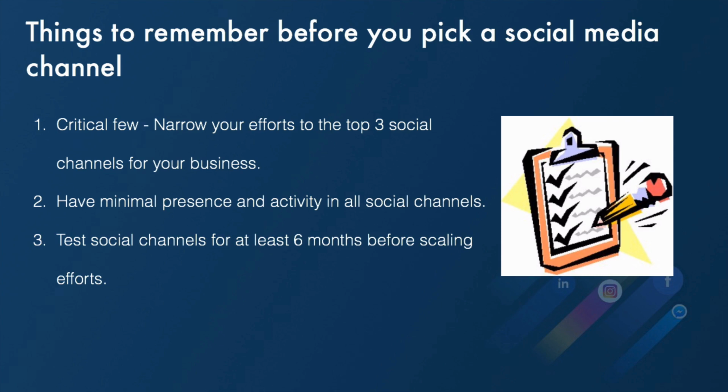Should we continue with this channel or should we drop it? Is there any other channel which we have to pick up, or should we just stick to 2 channels because they are giving much better results than the third one? You should be asking all these questions, and once you do the work for 6 months you will get a good understanding of what works and what doesn't, and only after that should you scale your efforts.